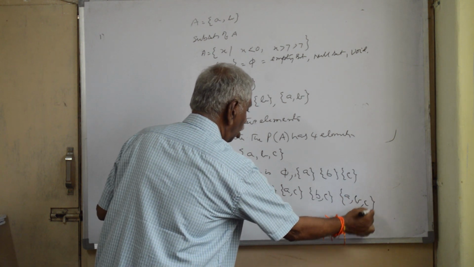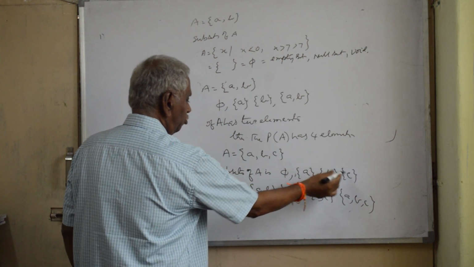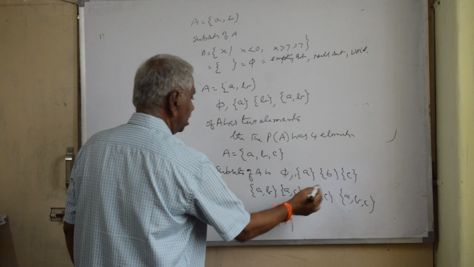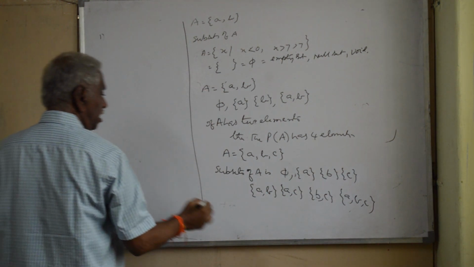How many elements are here? 1, 2, 3, 4, 5, 6, 7, 8. So there are 8 elements here.